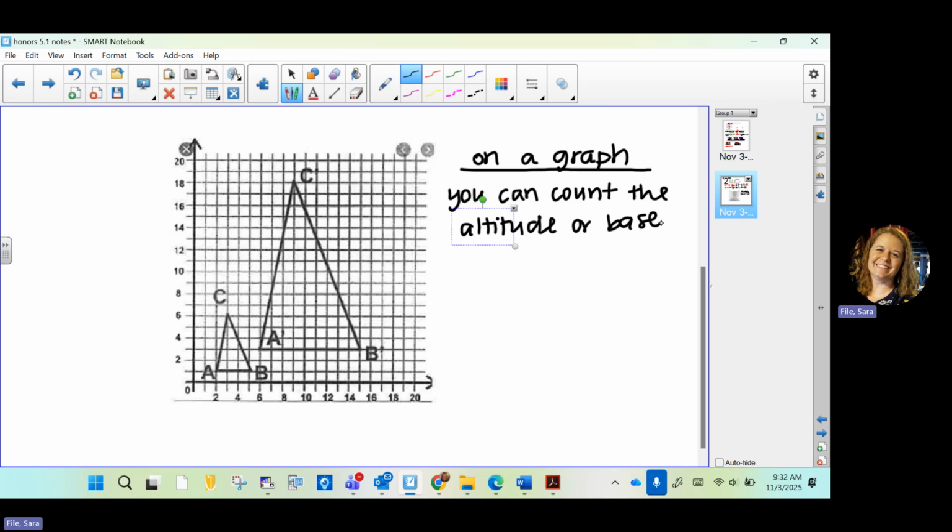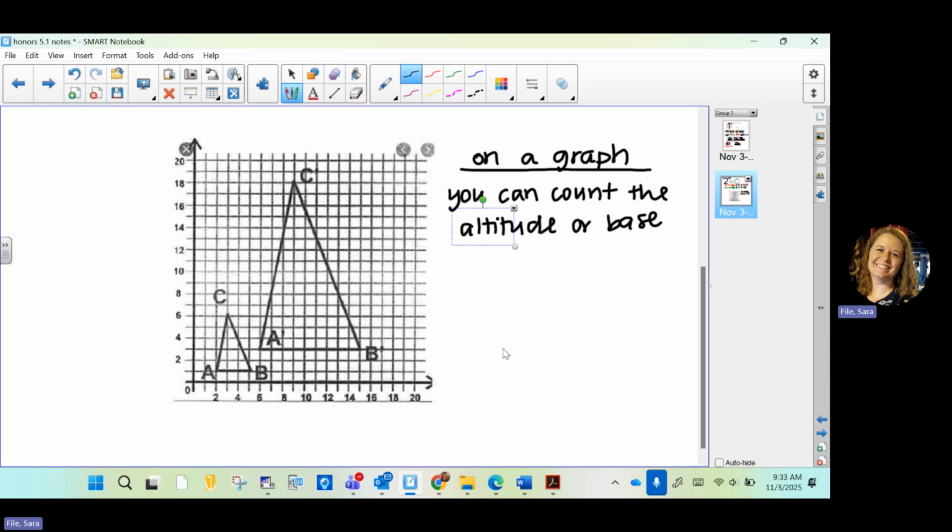Okay, so that's one option. Now you cannot count diagonal lines. Okay, altitude and base, that's vertical and horizontal. Remember, they're perpendicular. So you can count up and down and left and right. Okay, so in these triangles, the only thing that I could count is this side AB, right? It's the only horizontal one.